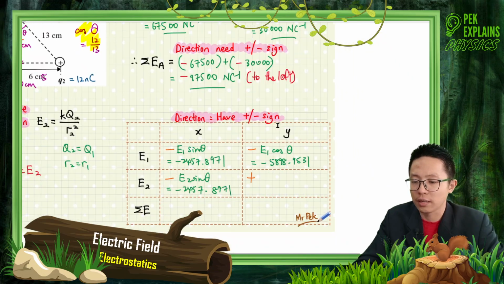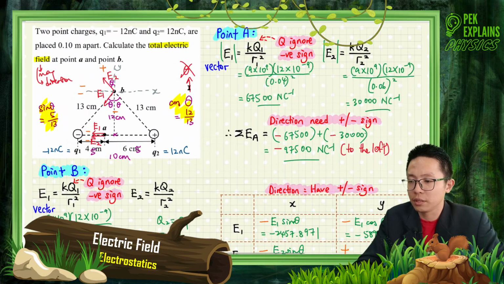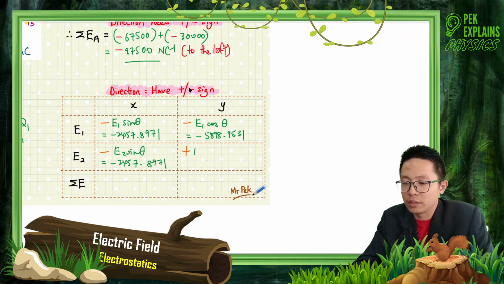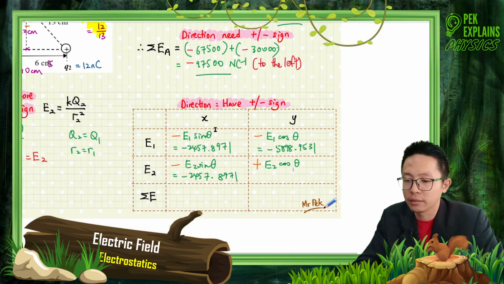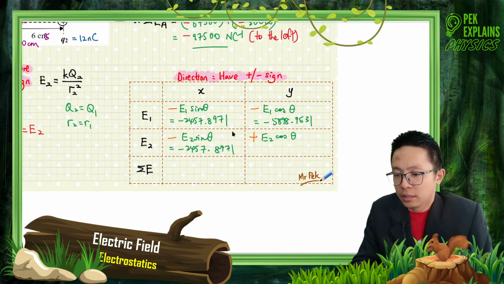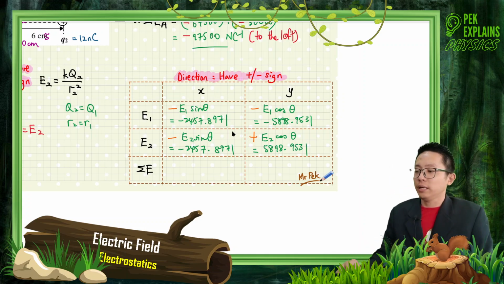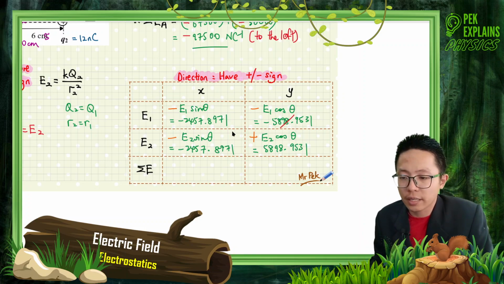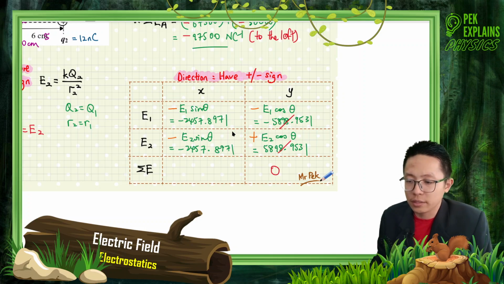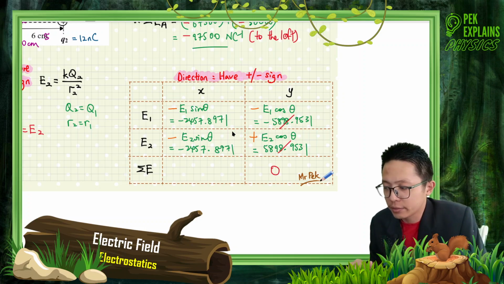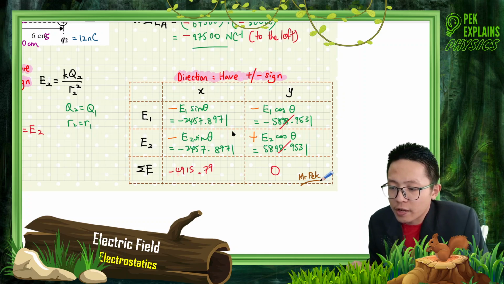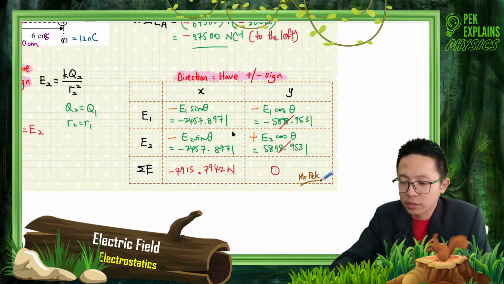So this is E2 cos theta, and I get 5898.9531. After that I can just cancel them off, so I get 0 for y. And for the x total, I get negative 4915.7942 Newton per coulomb.